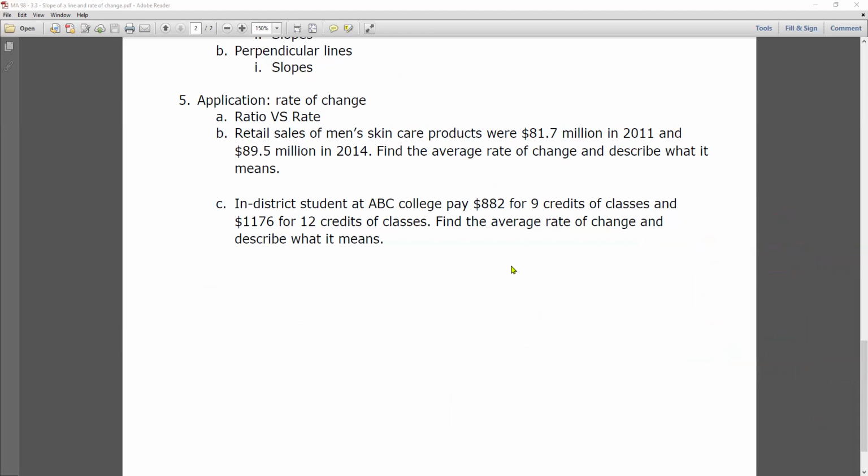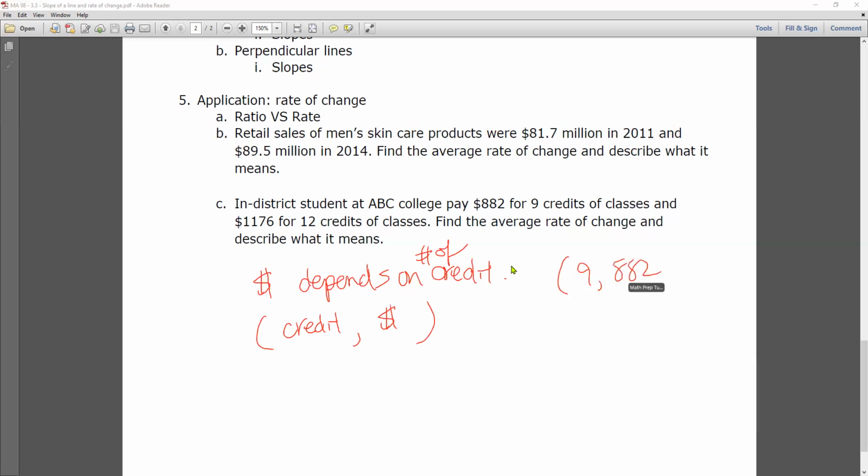And in this case, we have to say the money, the tuition, depends on the number of credits. So our point is going to be credit for X and the money for Y. So we have 9, 882 and we have 12, 1176.